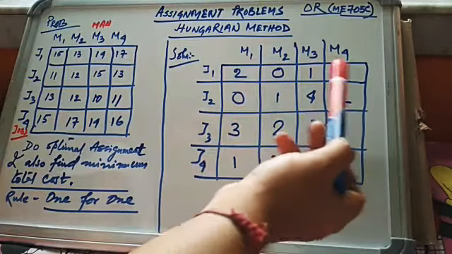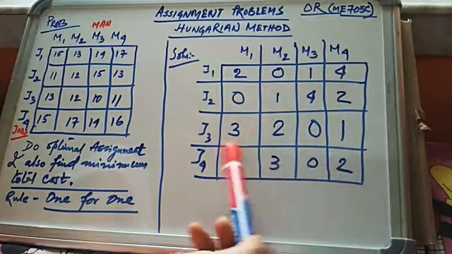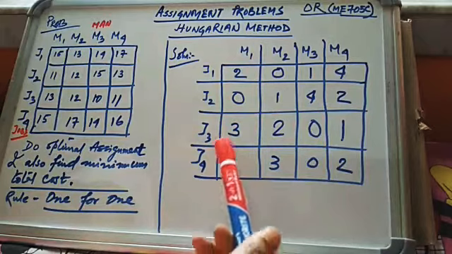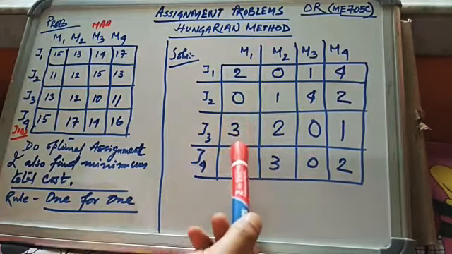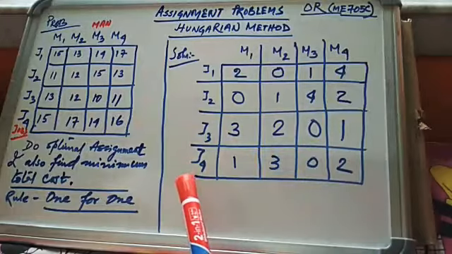If you see row wise, this row has a 0, this row has a 0, this row has a 0, this row has a 0. But checking column wise, we find that this column has a 0, this column has a 0, this column has a 0, but this column doesn't have a 0.